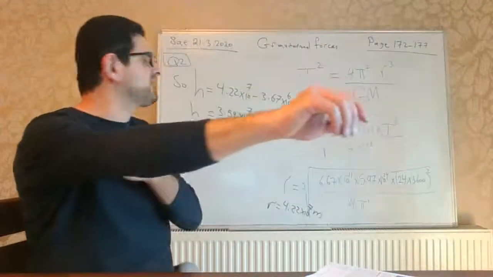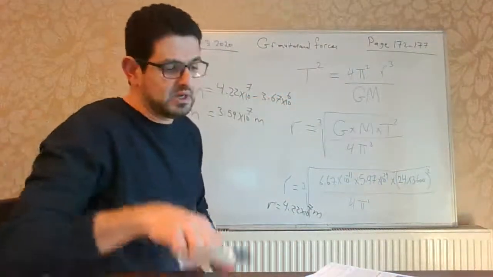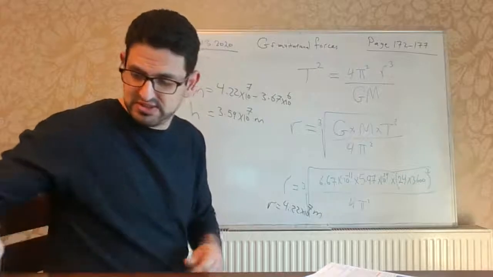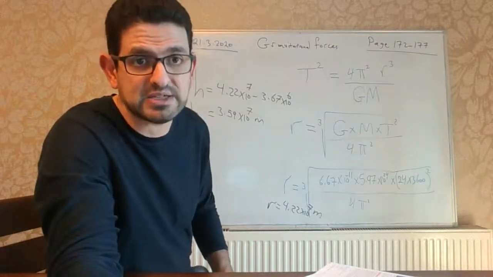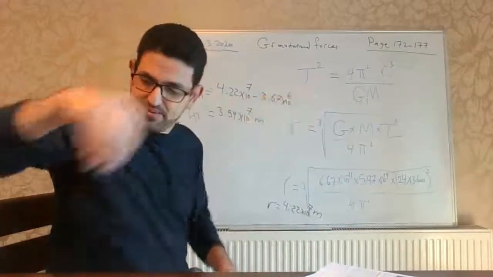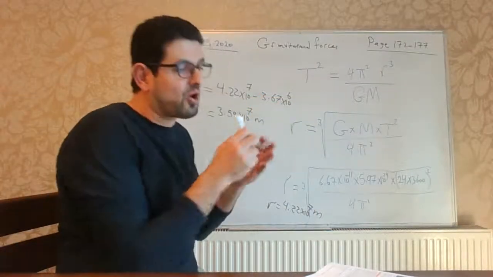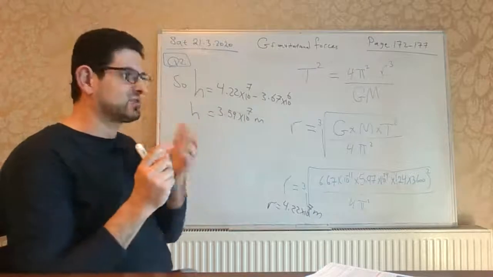Whether we have big mass or smaller mass, all of them have the same. That is why I told you they are orbiting at the same speed to be stationary.